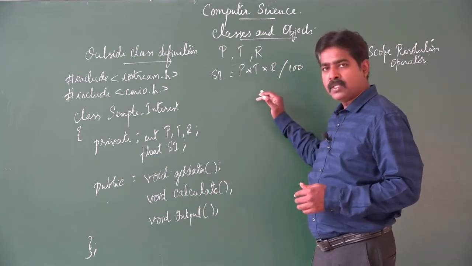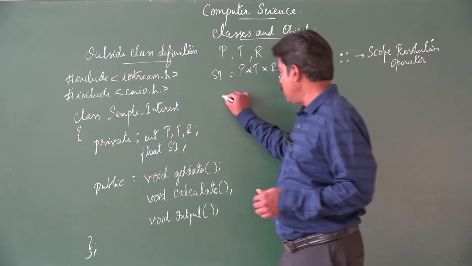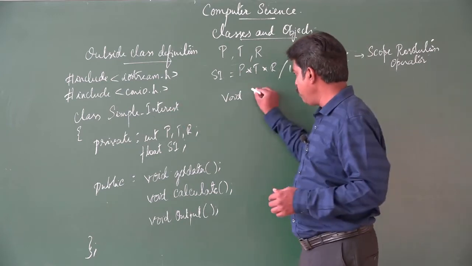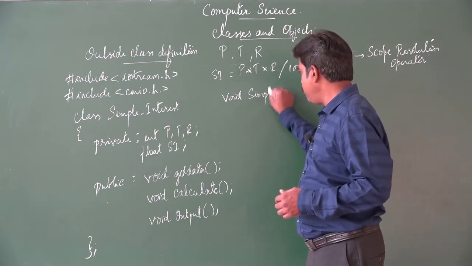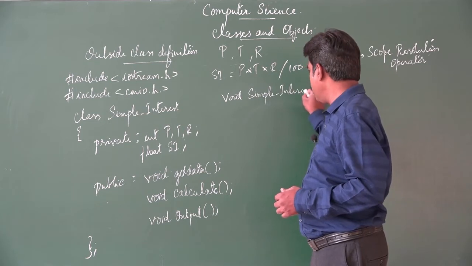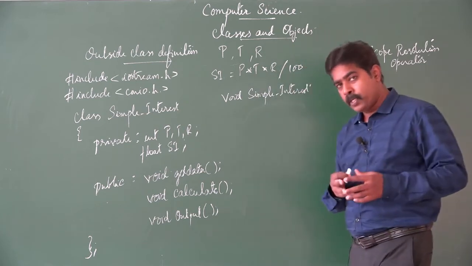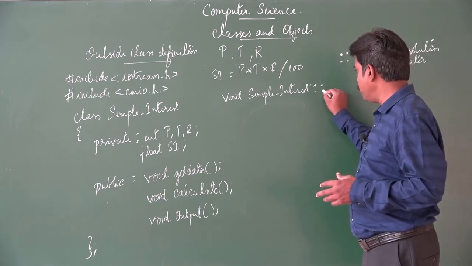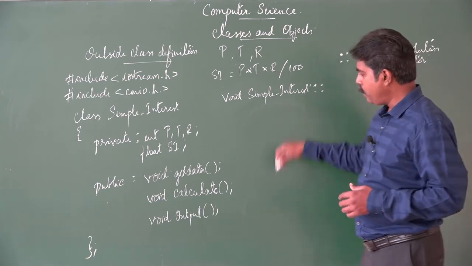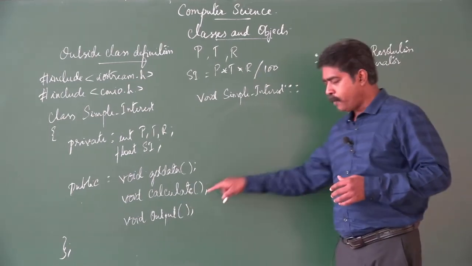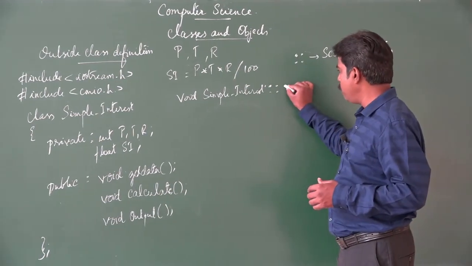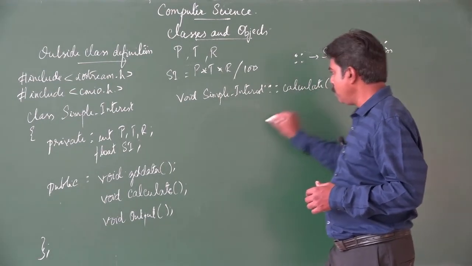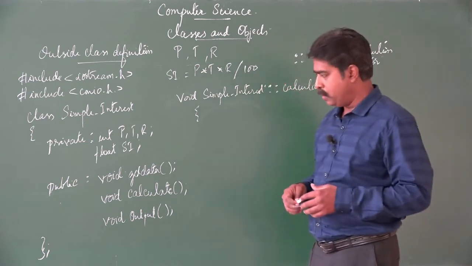The same syntax we are going to follow: return type specifier void, then the class name simple_interest, then the scope resolution operator, and then the member function name, calculate. We are going to write its code.